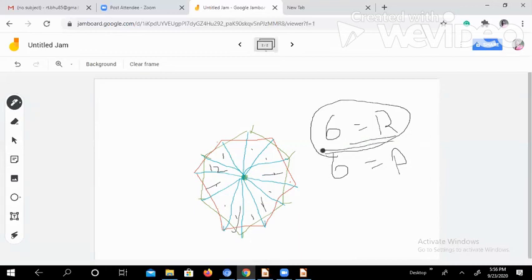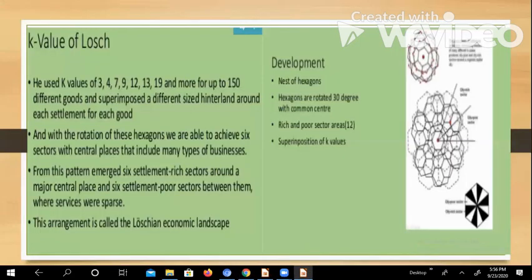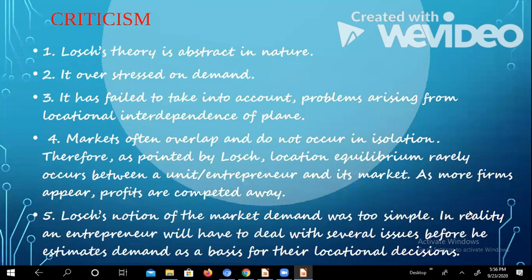They will try to invest more in these 6 rich areas, while development in the poor areas will go down, because if they invest more in the rich areas, they will get more profit. So more firms will try to locate in those 6 rich regions. So it will shape up as 6 rich and 6 poor.